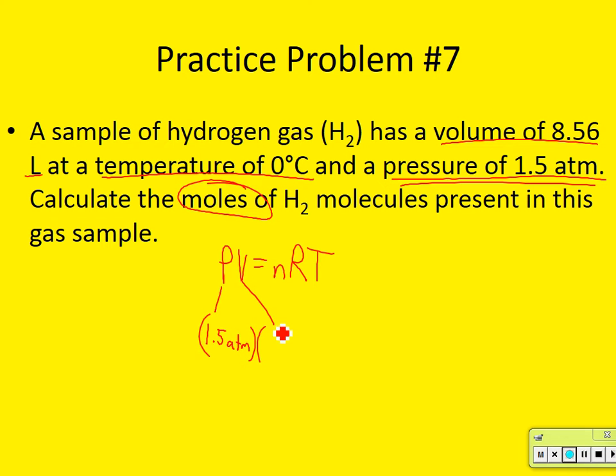Now we need V. What was volume? 8.56 liters, it's right here. So 8.56 liters is equal to n. Did it tell us moles, guys? No, it didn't tell us moles. That's what we've got to find, so I'm going to keep it as n.